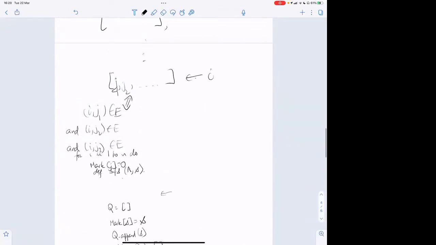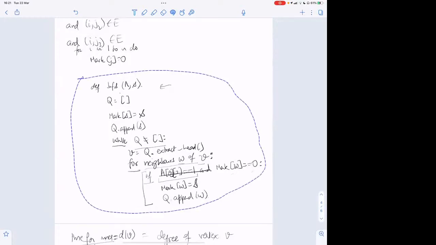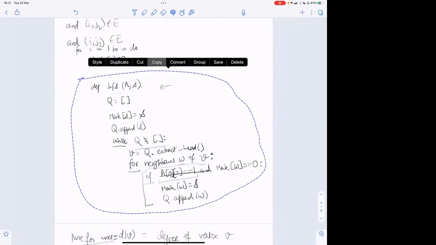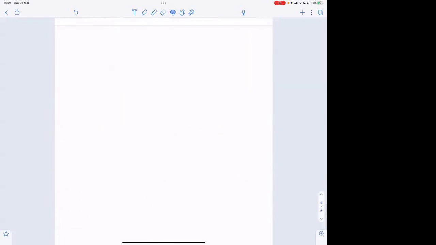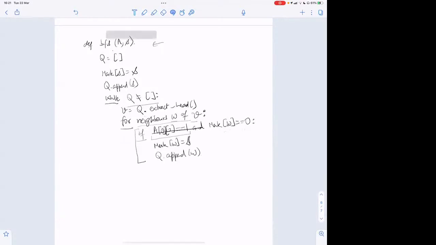Another way to do this is to let me alter the definition of BFS. Let me change this and put a different marker altogether, let's say we put BFS(A, s, B).